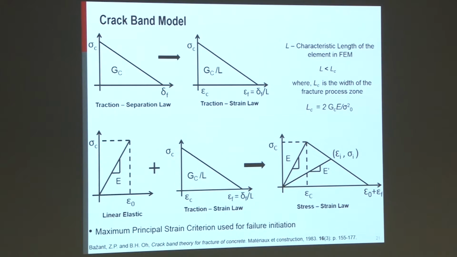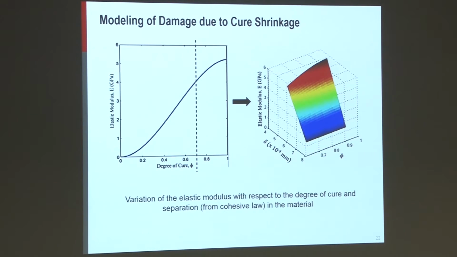our model. So going back to our curing process, as curing progresses, the elastic modulus increases, for example, that way. Now, it only depends on the extent of cure. But based on the extent of strain that is accumulated, we need to degrade the material. So we convert a line curve into a surface plot, which now considers both the extent of cure as well as the separation that had occurred in the material.